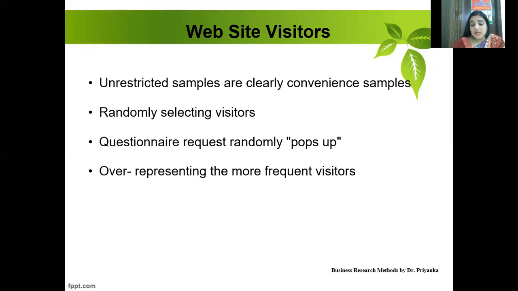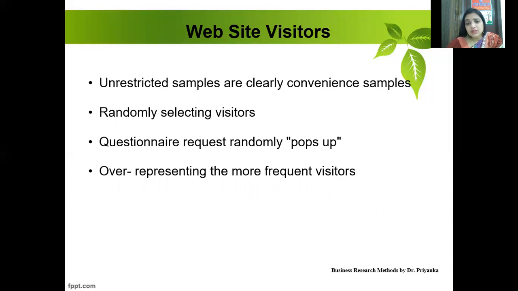Then questionnaire request randomly pops up. You can mail people, you can randomly send pop-ups to people, and you can even call them beforehand and tell them the purpose of the study and request them. You can even put something as a bonus, you can pay them something, you can provide them something as payback for filling the questionnaire.